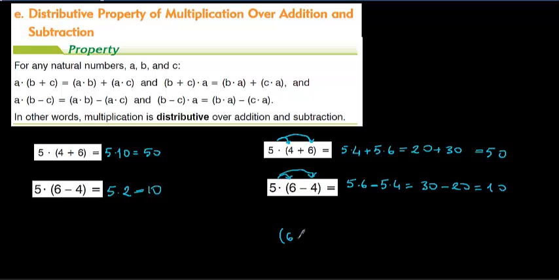So you are going to understand that 4 plus 6 times 5 is going to be equal to 5 times 4 plus 6, because multiplication has the commutative property. 5 times 10, 10 times 5, they are equal to each other.